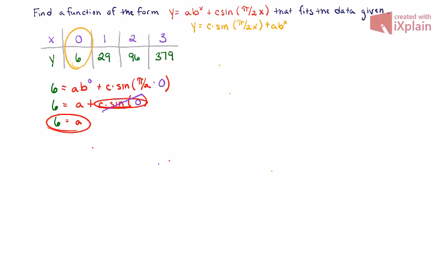In order to start finding another one, I'm going to be pretty strategic, and I'm going to select this point here for step 2. So I'll go ahead and note that that is step 2. So I know that I have 96. I'm going to put that in for y. And I now know that a is 6.